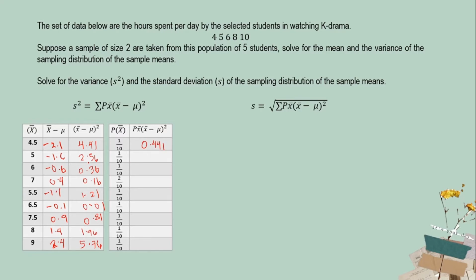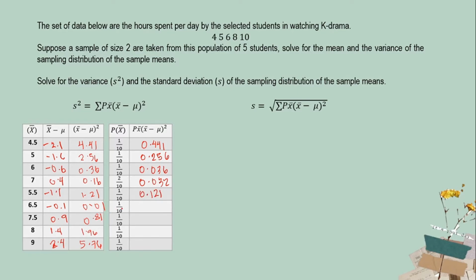Then 2.56 times 1 over 10 is 0.256. And then 0.36 times 1 over 10 is 0.036. 0.16 times 2 over 10 is 0.032. And then 1.21 times 1 over 10 is 0.121.